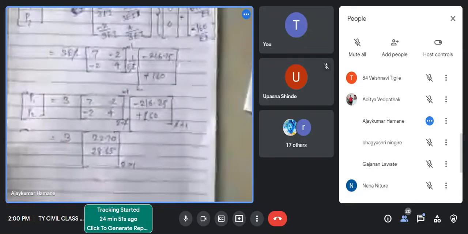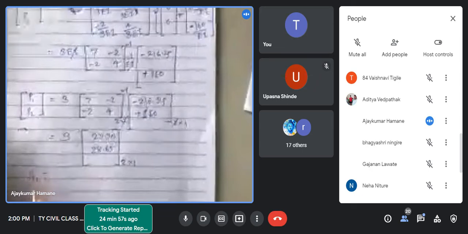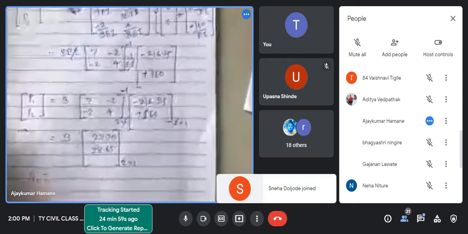Did you get this value? So P1 is 68 kilonewton meter.